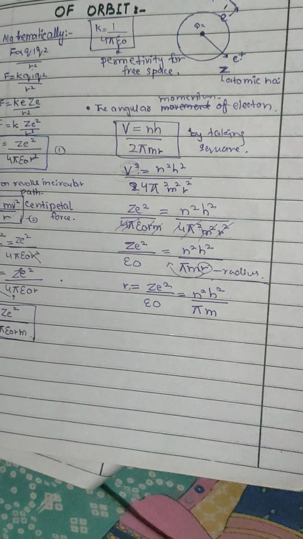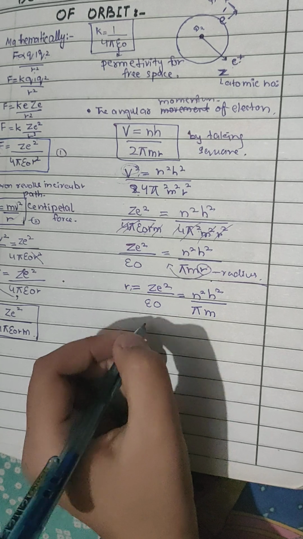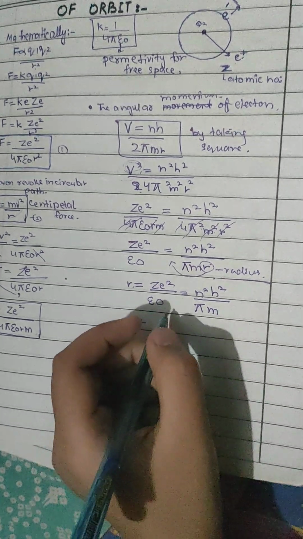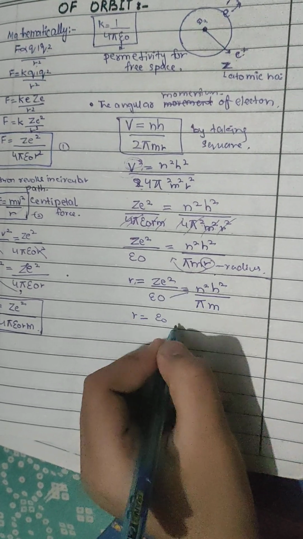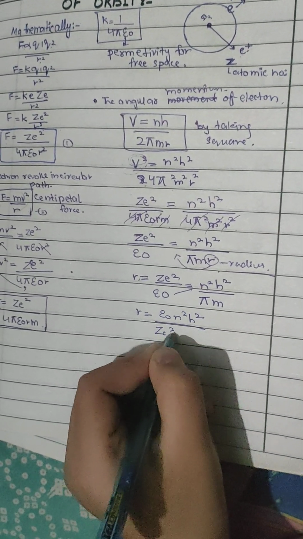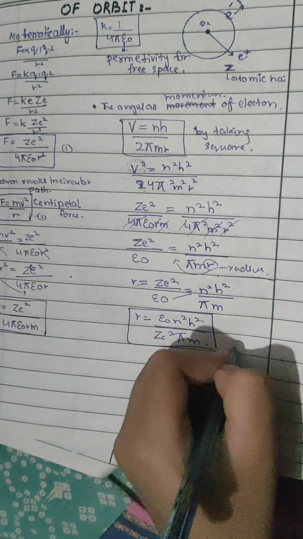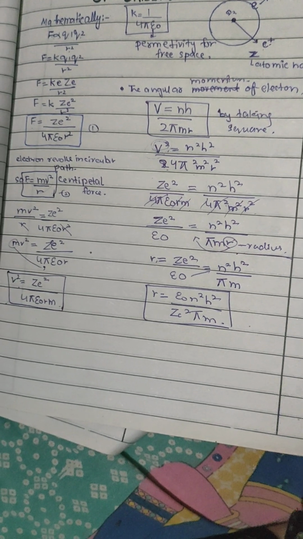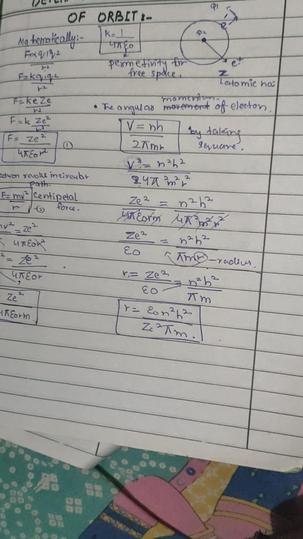R I put over here. Okay, now let me summarize this. R is equal to, by cross multiplication, epsilon n square h square upon ZE square pi m. We got the radius of an orbit.